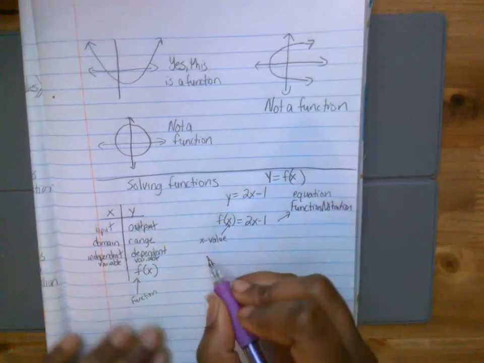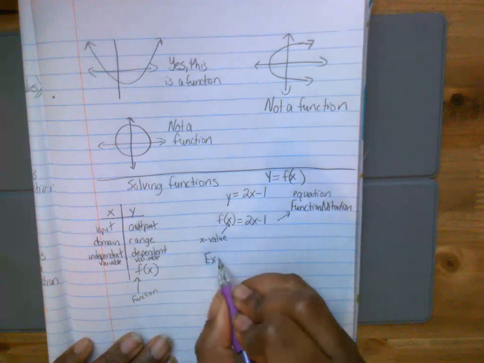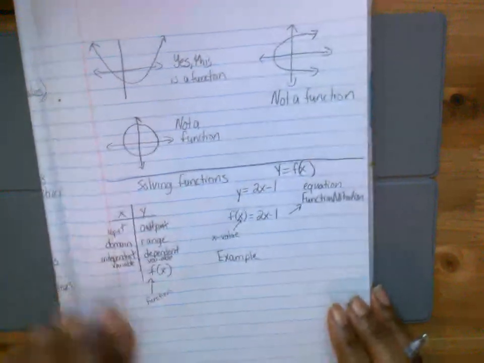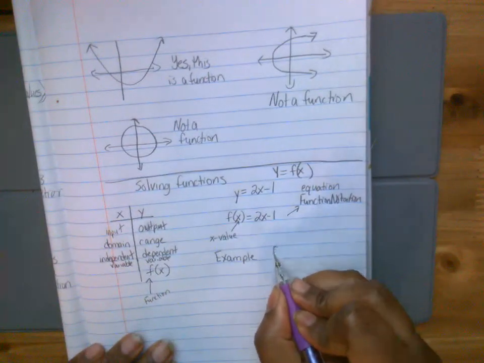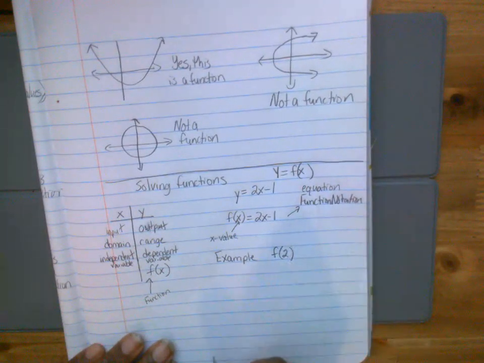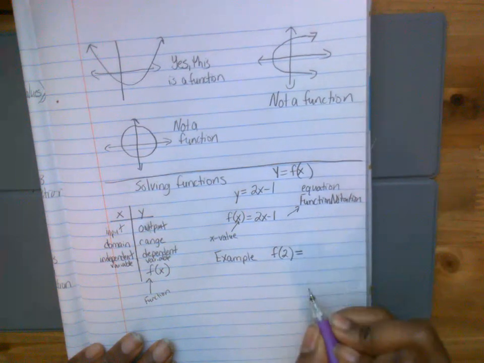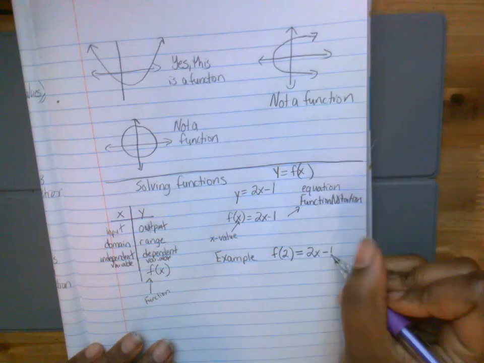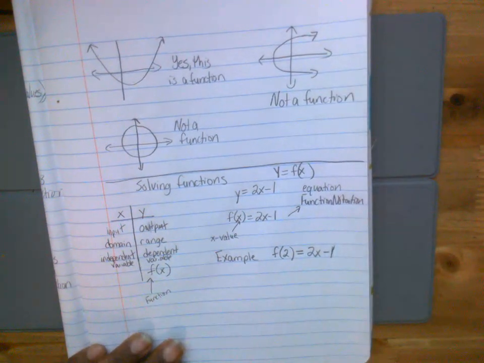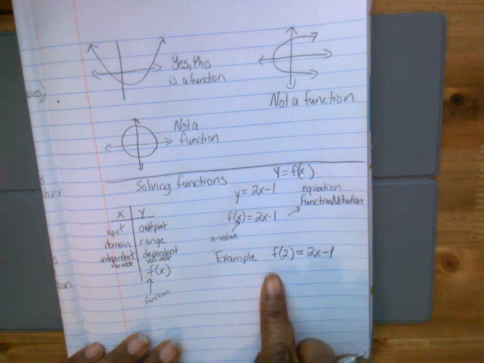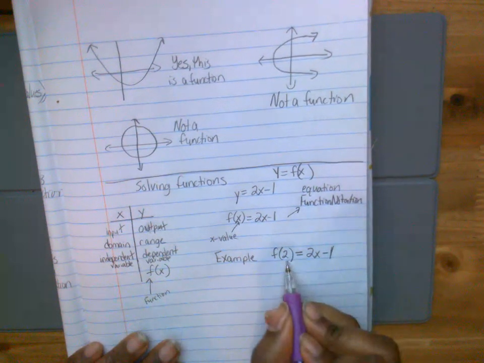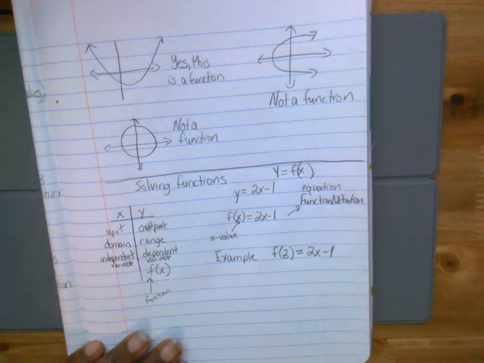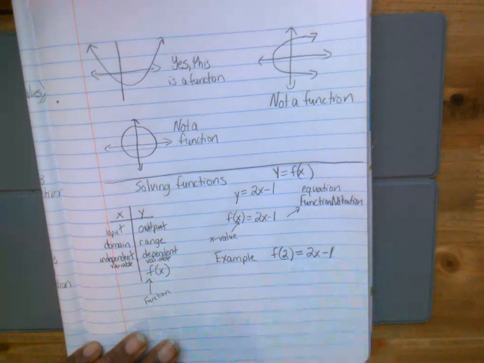This is an example of what you might see. You might see f of 2 is equal to 2x minus 1. This is telling you here that x is equal to 2. So what is y equal to? That's what this is saying.